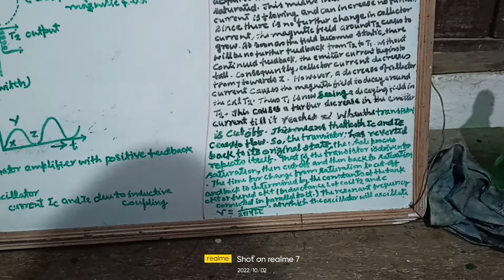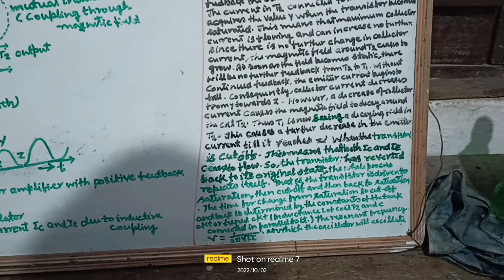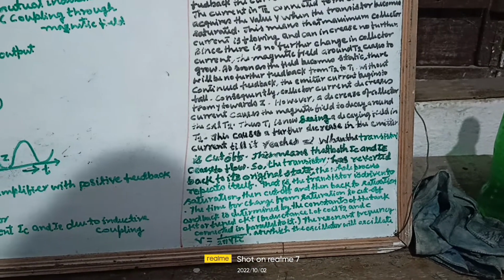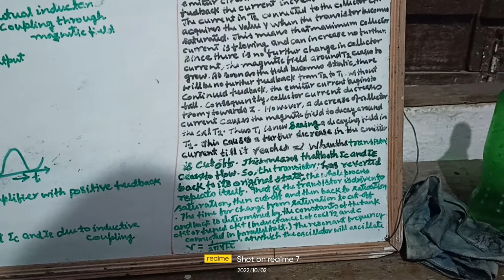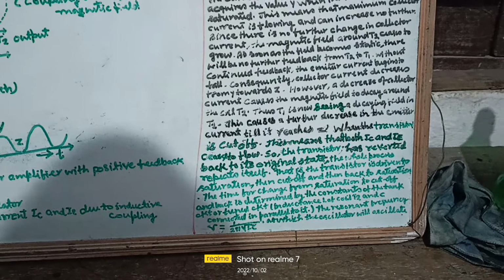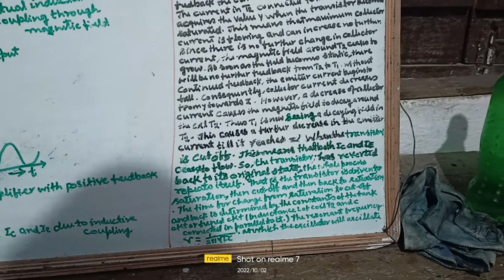Therefore, both IC and IE cease to flow, so the transistor has reverted back to its original state. The whole process repeats itself; that is, the transistor is driven to saturation, then cut off, and then back to saturation.